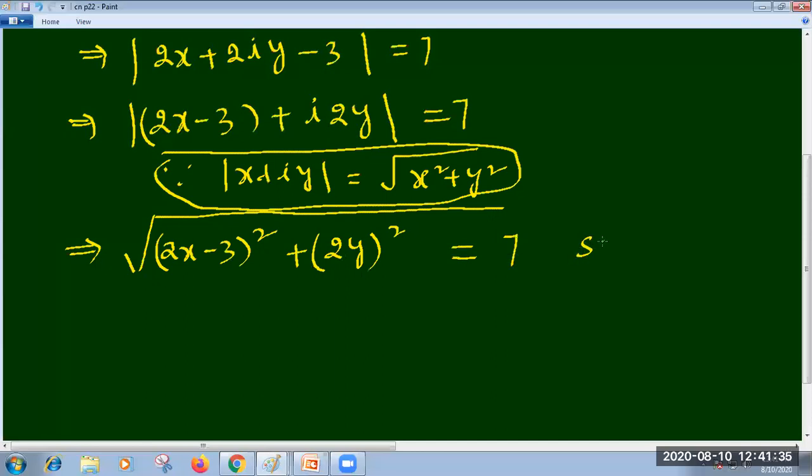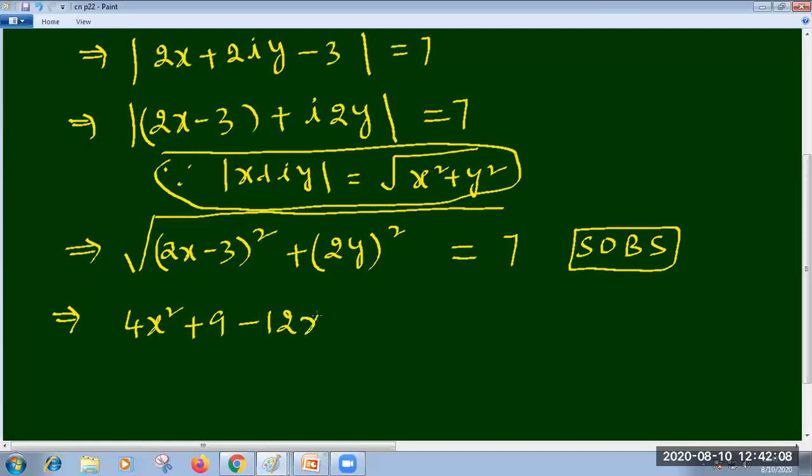Now squaring on both sides, the root will get cancelled and expand this one, (a minus b) whole square is a square plus b square minus 2ab. This is 4x square plus 9 minus 12x, and this is 4y square, and 7 square is 49.